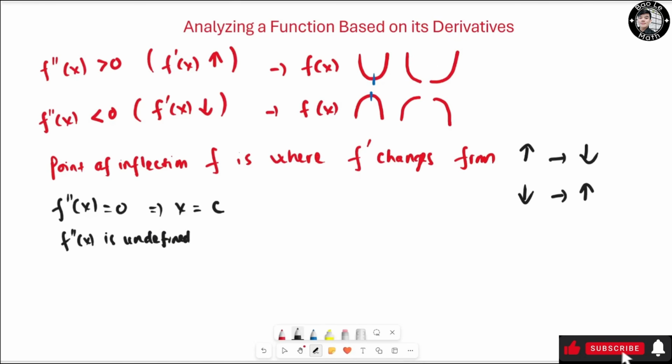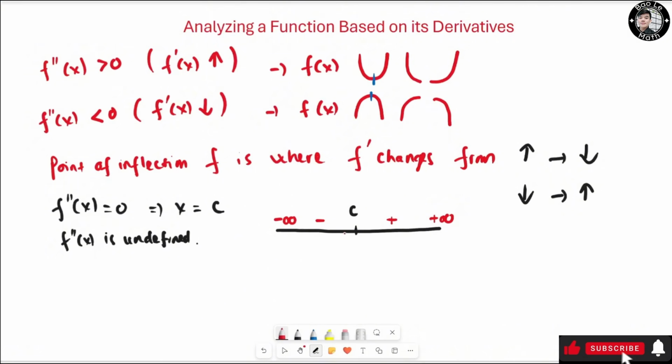And then you're going to draw the sign chart or the number line. So suppose I have c right here. On the left of this one is going to be negative infinity, and this one is positive infinity. Suppose this interval has the negative sign and this interval has the positive sign.